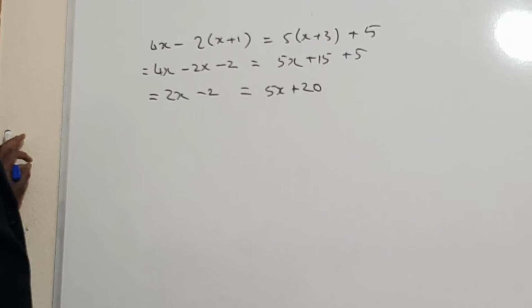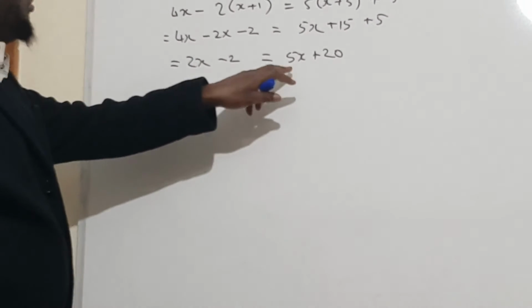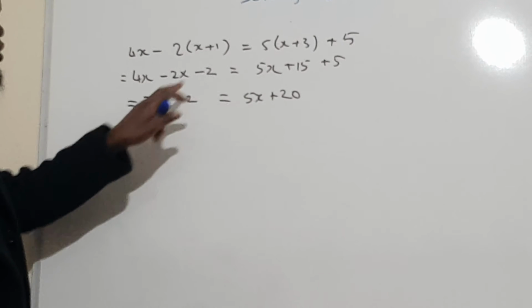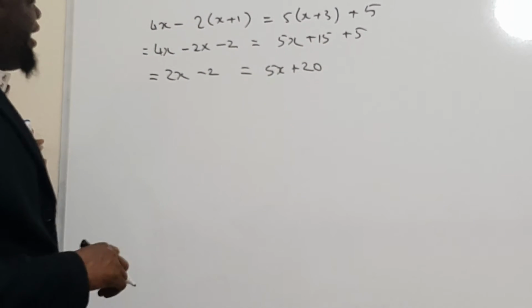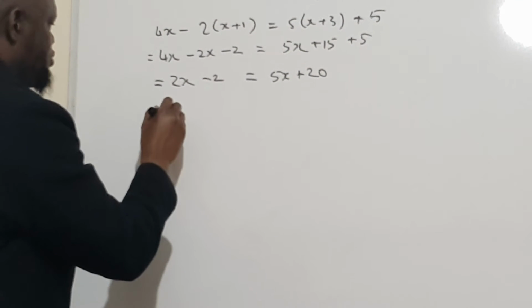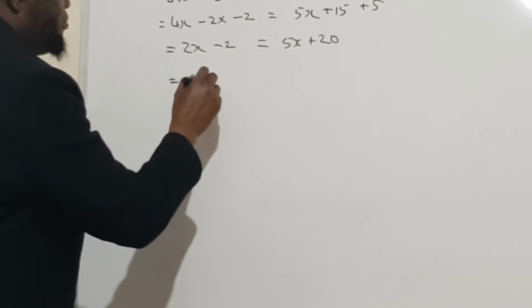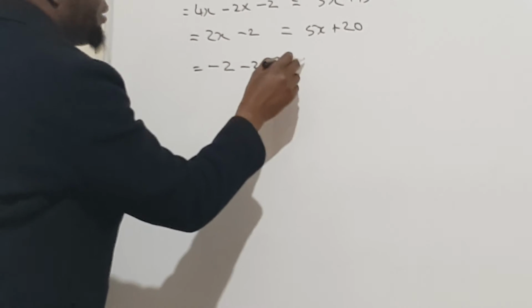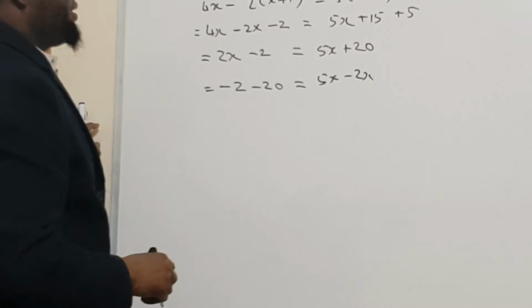So if you look at it, is it better to move this over the equal sign or to move this over the equal sign? I think it will be much easier, to avoid having minus x, to move this over to that side, isn't it? So here you'll have minus 2, you move 20 over the equal sign to become minus 20, is equal to 5x minus 2x.